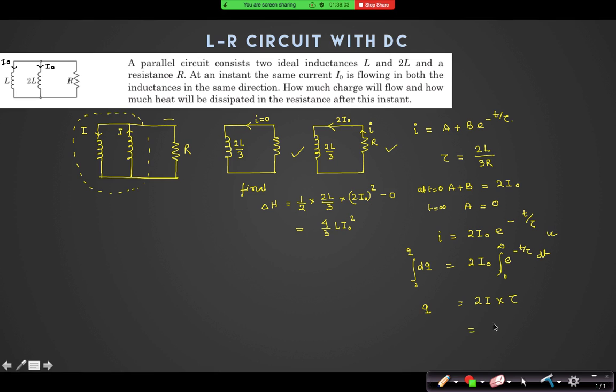So I think that will be our answer: 2I naught into tau, and tau is 2L by 3R. Have I got it correct? Yes, tau I have to multiply, and then it is e power minus t by tau. E power minus infinity is 0, and minus 1, so minus minus plus. I think that is the answer: 4I naught L by 3R.